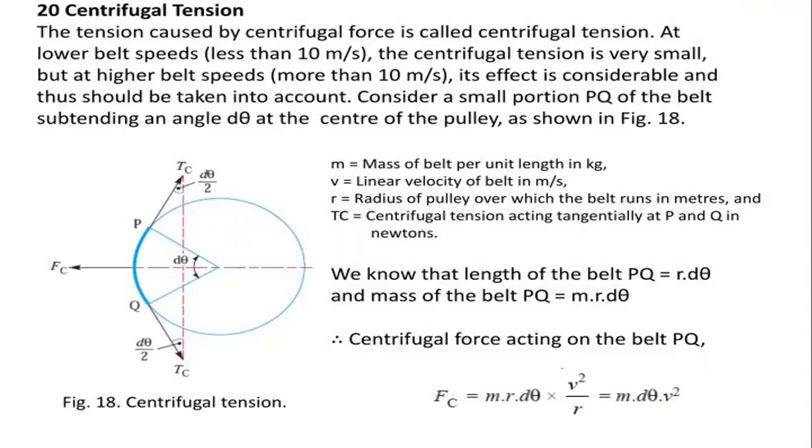For lower speed belts, that is less than 10 meters per second, the centrifugal tension is very small.